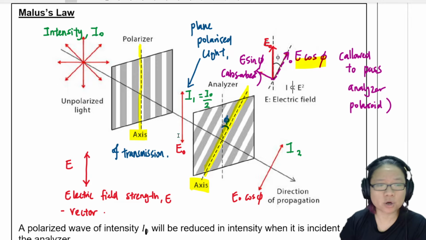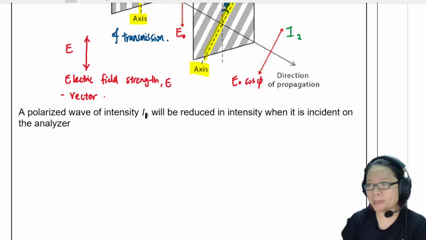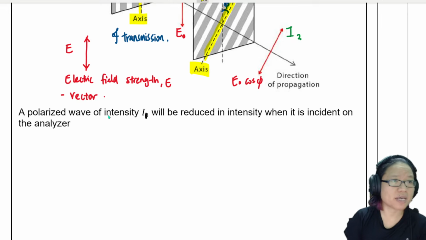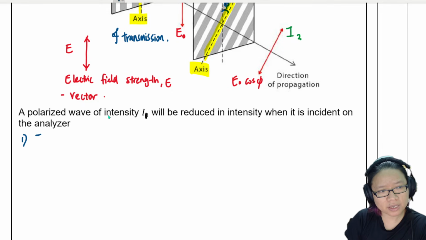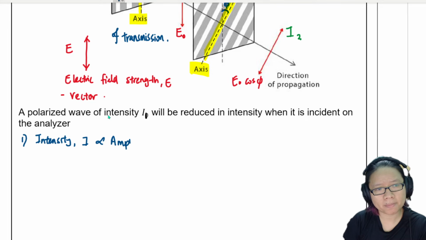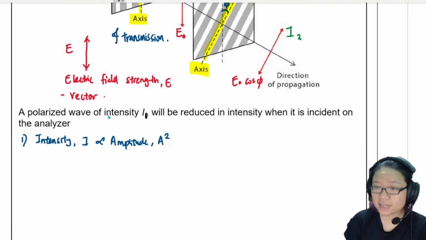Okay, so let's write all of this down. Number one, to remind ourselves, intensity I is proportional to amplitude squared. Remember this from the previous lecture?